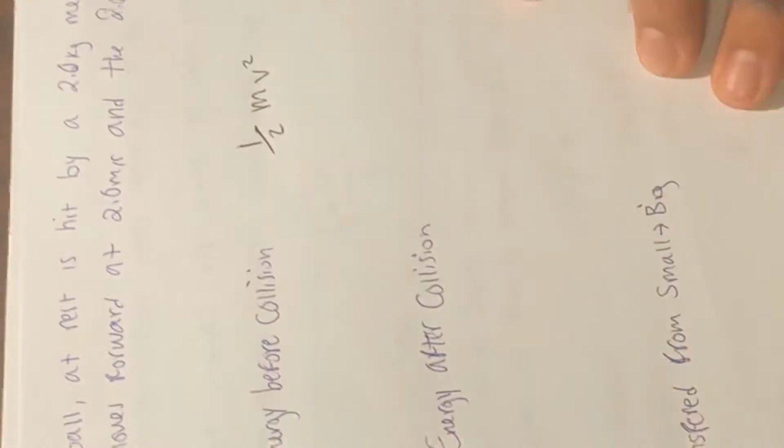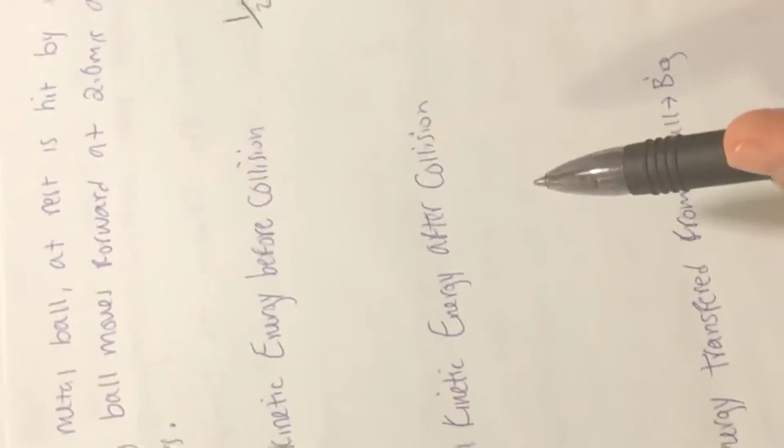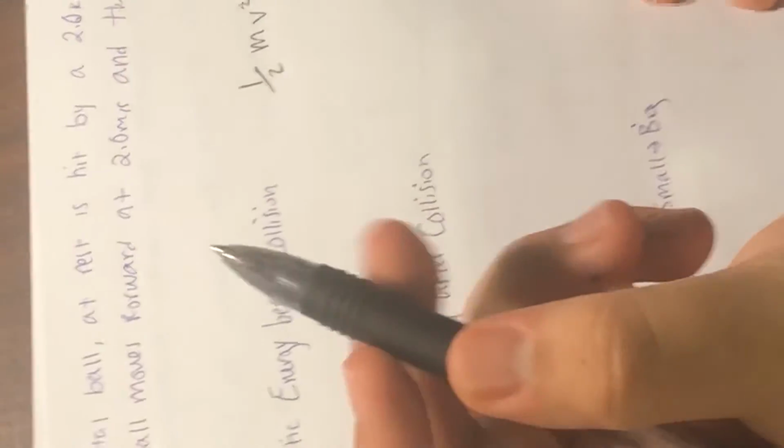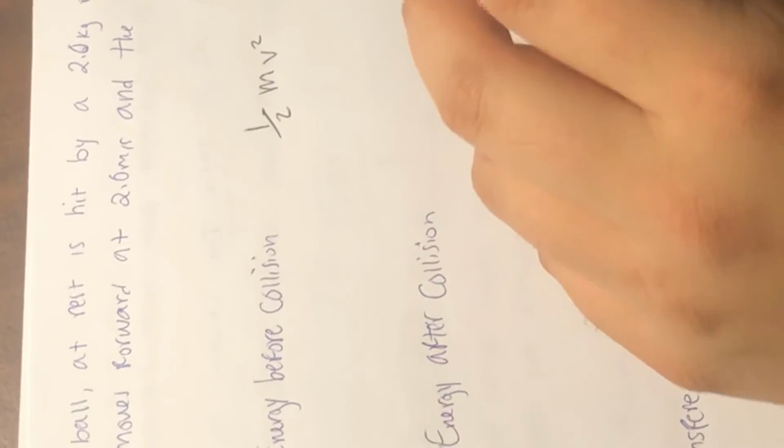So that would equal 1/2 times 2.0 times velocity, which is 4.0, squared, equals 16. So the answer for A is 16 joules.